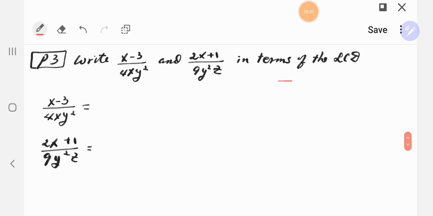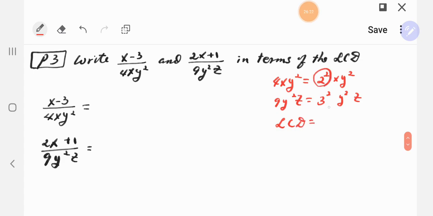So the LCD is, 4xy squared is equal to 2 squared xy squared. And then 9y squared z is equal to 3 squared y squared z. So from this we know that the LCD is the product of 2 squared, 3 squared, x, y squared and z.